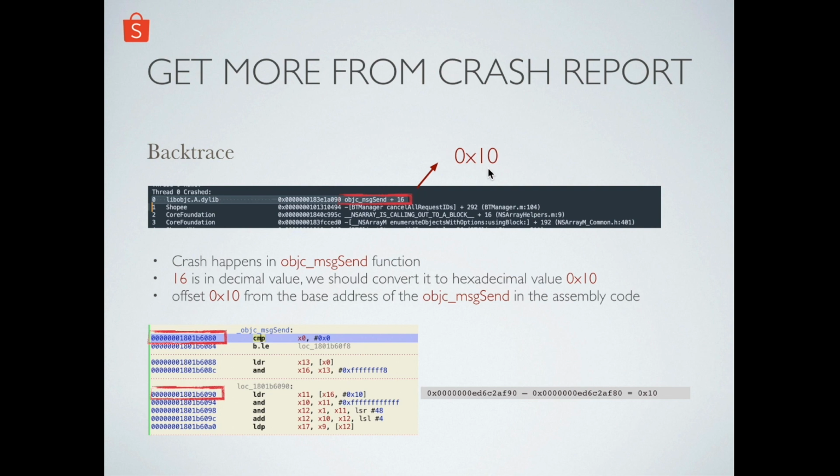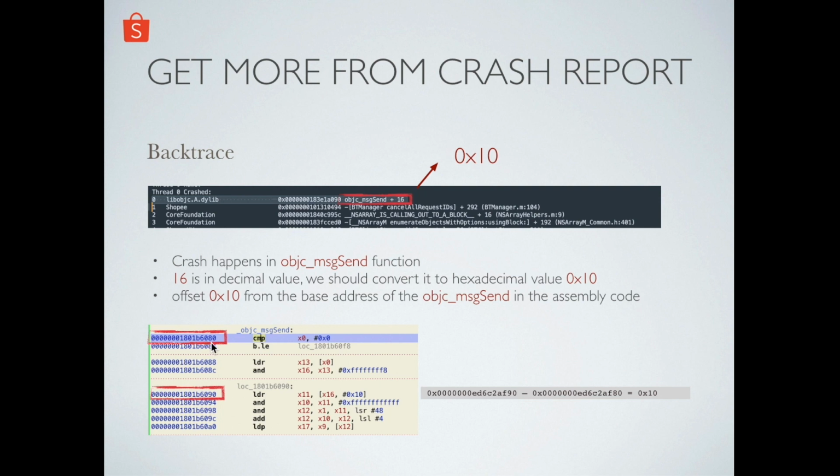And then we can open Hopper to disassemble this Objective-C runtime dynamic library. We can search for this Objective-C message send function and find its base address, which is 6080.